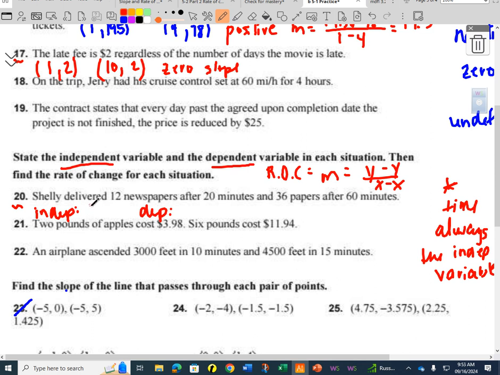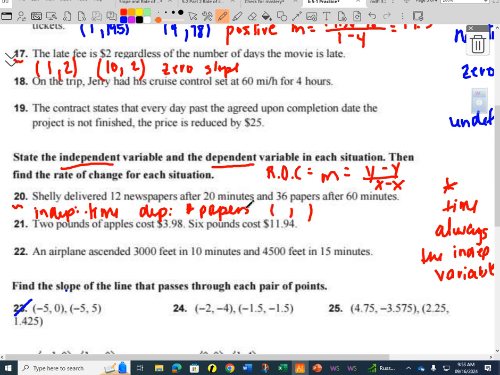So here, time is the independent variable, and the number of papers is the dependent variable. Does that make sense? Because you can deliver more papers in more time, right? So in 20 minutes, they delivered 12 newspapers, and in 60 minutes, they delivered 36 papers. So we could write our ordered pairs.